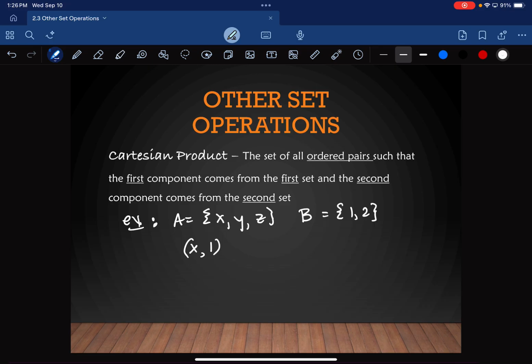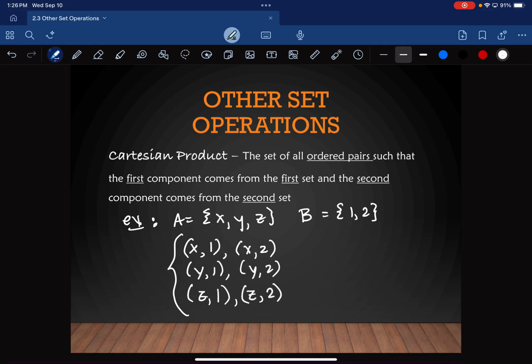So one possible pairing is X1. Another possible pairing would have been X2. Those are all the options that X can be paired up with, correct? Okay. But I also have the pairing Y with 1, or Y with 2, or Z with 1, and Z with 2.